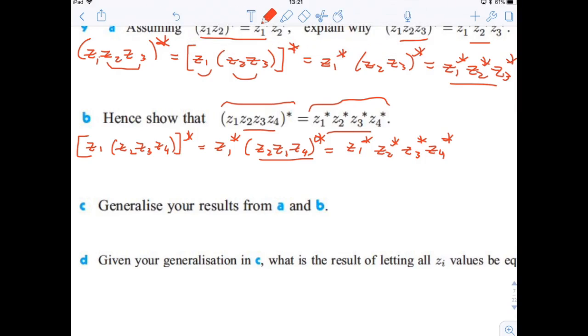Okay, so generalize your result from A and B. It looks as if I have z1 through zn conjugate. It's going to be equal to z1 conjugate multiplied times all the z's in between, up to zn conjugate.